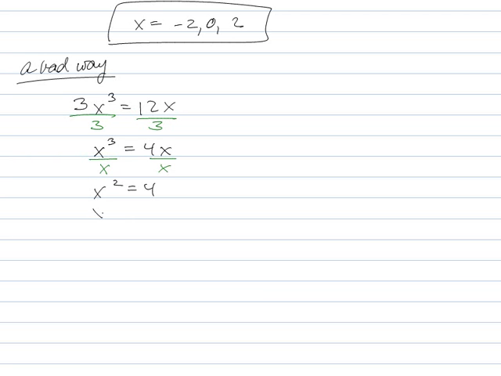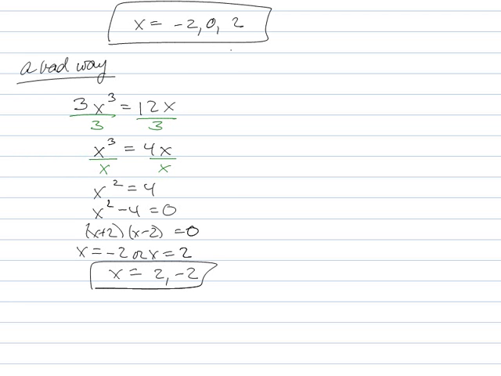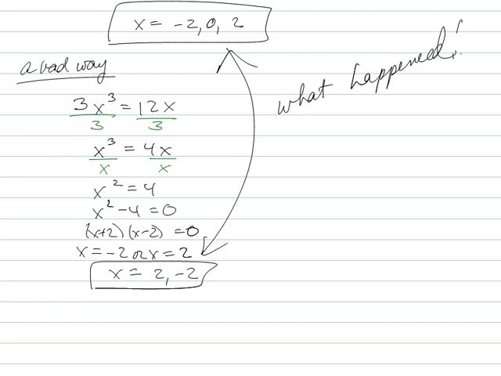So then I can move the 4 over, and then I can factor it to x plus 2, x minus 2, and so I've got x equals negative 2, or x equals positive 2, so my answers are 2 and negative 2. Now, what happened between here? I should be getting the same answer, because I solved the same problem, right? I lost the 0.